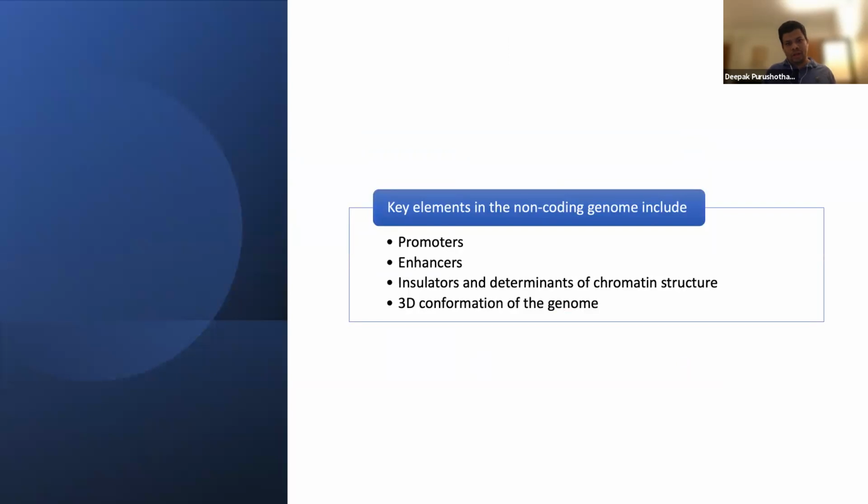So then focusing on some of the key elements of the non-coding genome that we would gain out of whole genome sequencing would be promoters, enhancers, insulators, or any other determinants that have an impact on the chromatin structure.